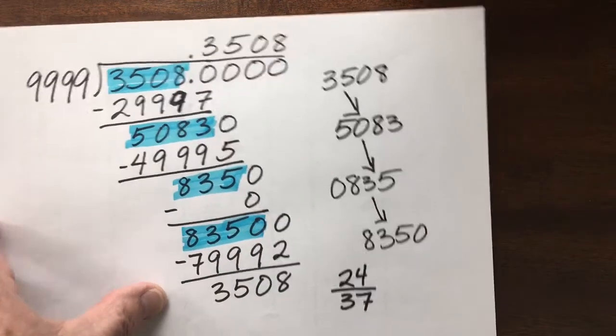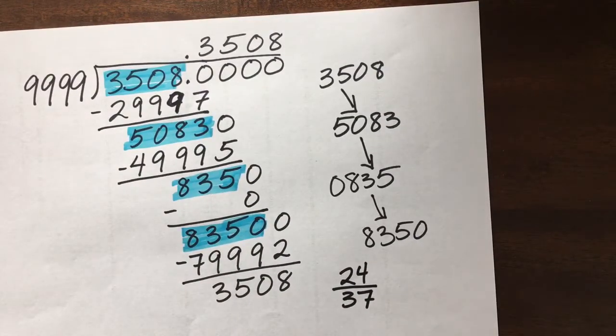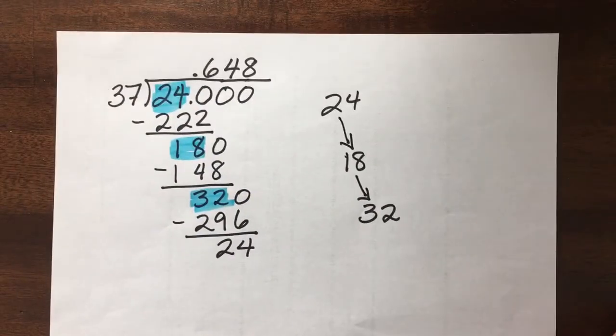So I'm going to divide 37 into 24. I've already done this. And look at what I get there. The remainders this time are 24 and then 18 and then 32. There may be something going on with those numbers, but it's certainly not a rotating pattern like we had.